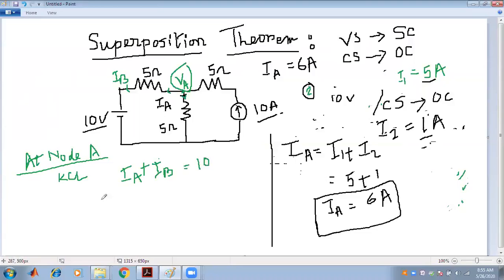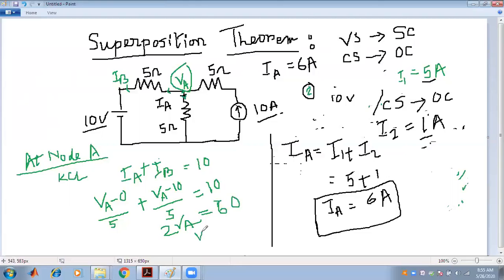So IA can be written as (VA minus 0) by 5, plus IB can be written as (VA minus 10) by 5, equal to 10. From that we obtain 2 VA equals 60, and VA equals 30 volt.